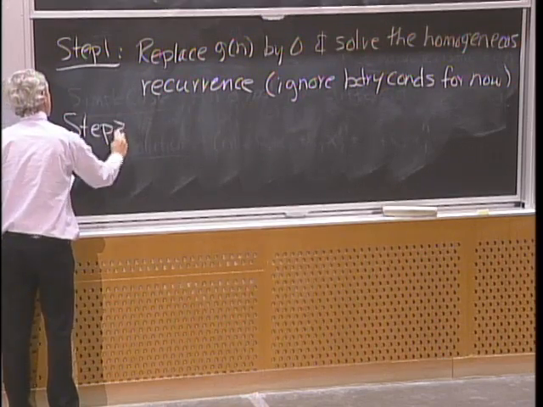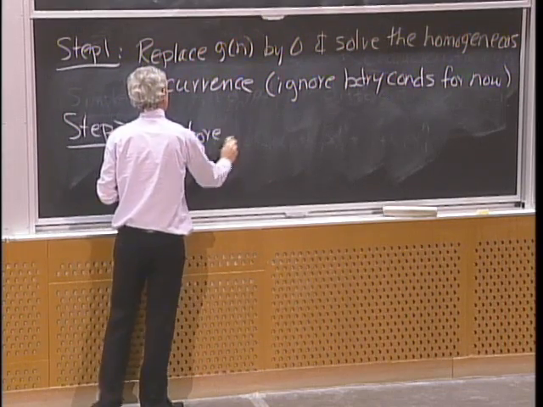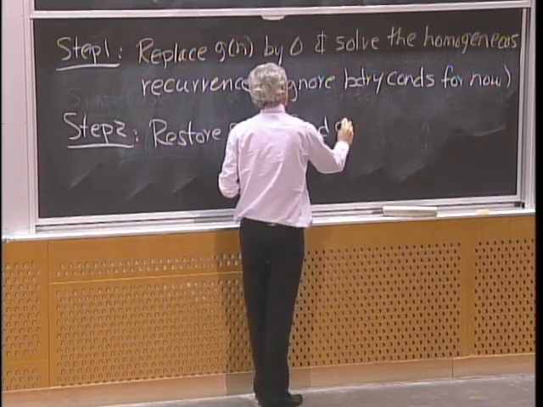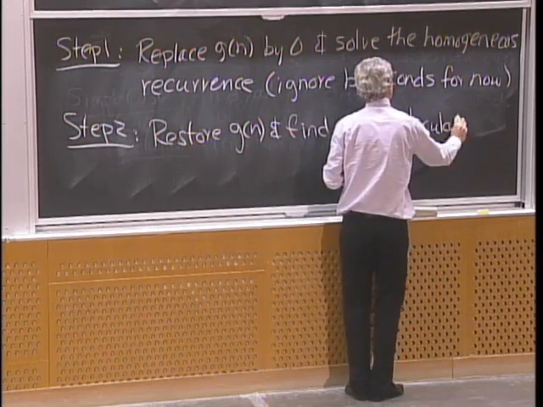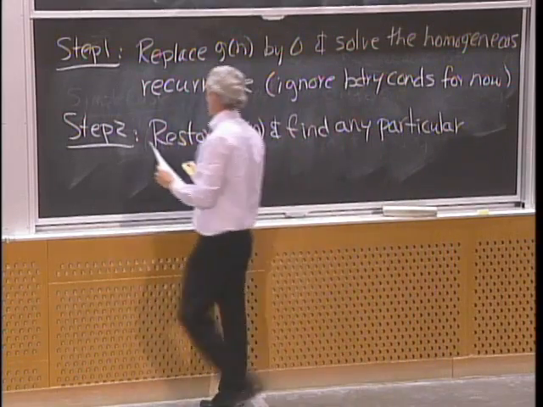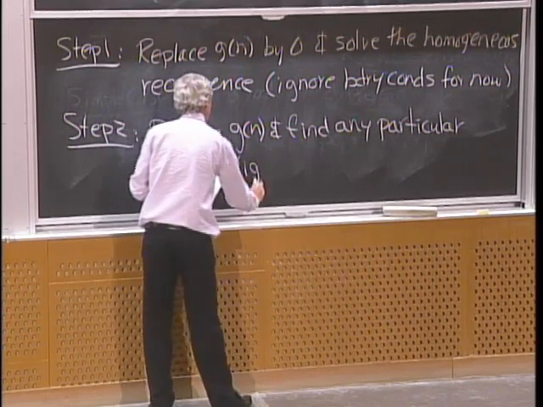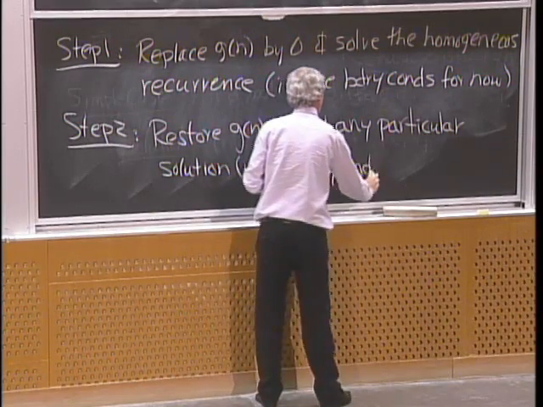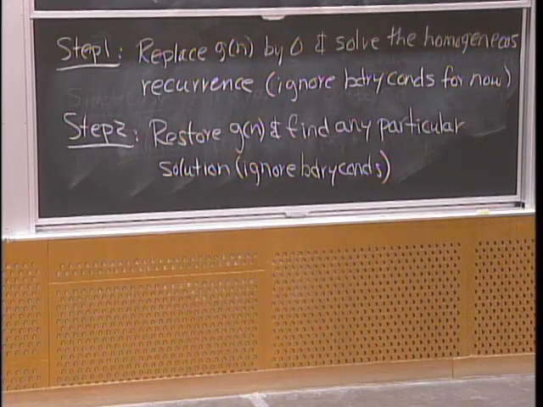Then in step 2, we put back in g of n. And we find any what's called particular solution. Again, ignoring boundary conditions. So you'll have constant factors there too. All right, and then step 3 is going to be to put the whole thing together and plug in the boundary conditions and solve it.